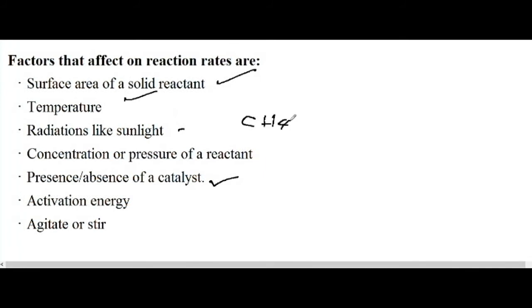Remember the reaction CH4 plus Cl2 converting into CH3Cl, which is an example of radiation by sunlight. After the addition of sunlight radiation, the rate of reaction increases because it opens new sites for the reaction. As for the concentration effect, high concentration versus low concentration, we will discuss this later. And agitation or stirring is normally a physical thing.